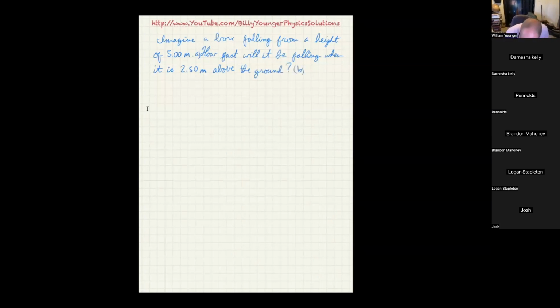B, 1.00 meters above the ground. And C, just before it hits the ground.